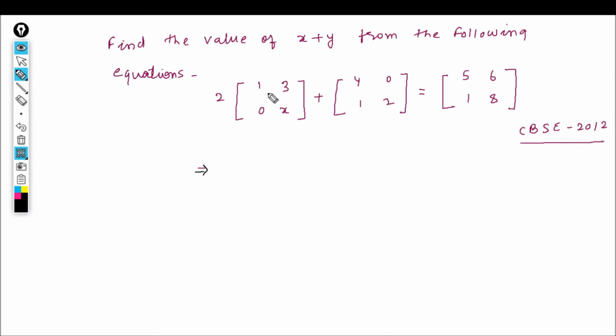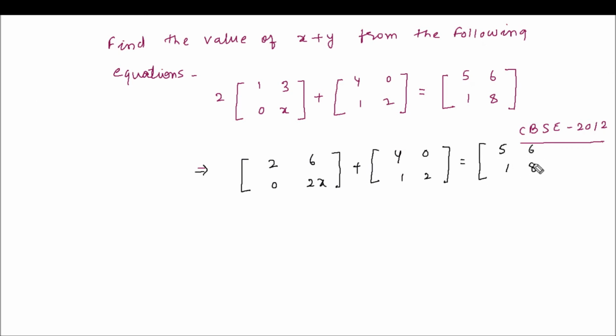Multiply this matrix by 2 inside the elements. देखिए बच्चों, मैट्रिक्स को मल्टीप्लाई करना है, इसका मतलब मैट्रिक्स के सभी एलिमेंट्स को मल्टीप्लाई करना है. तो it will be 2 6 0 2x plus y 0 1 2, 5 6 1 8.